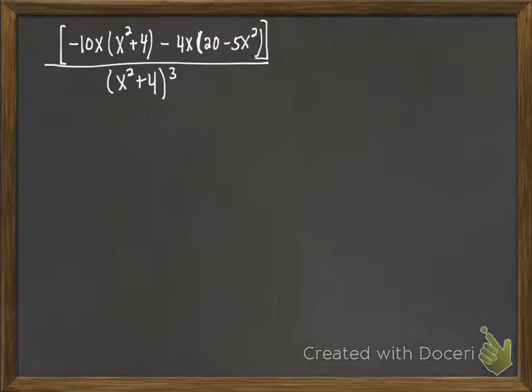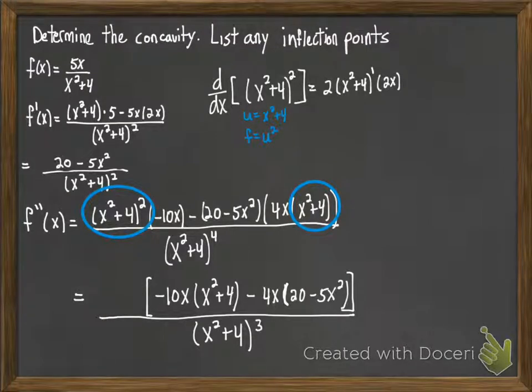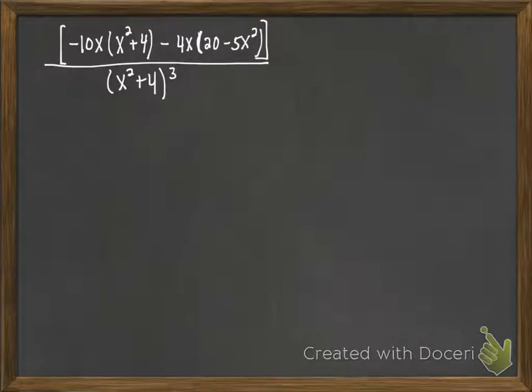So I have that same expression, just duplicated. And now I want to start simplifying a little bit. So negative 10x times x squared plus 4 would be a negative 10x cubed minus 40x.